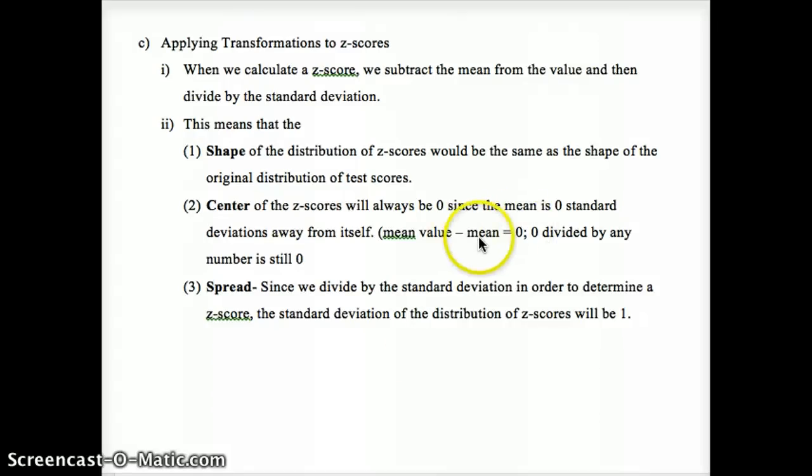We're subtracting the mean and then dividing by the standard deviation, so the mean minus itself equals 0, so our center is going to be 0. So z-scores will always be centered around 0. The spread, since we divide by the standard deviation, will always be 1, or the standard deviation will always be 1 for any z-scores, because any number divided by itself equals 1.